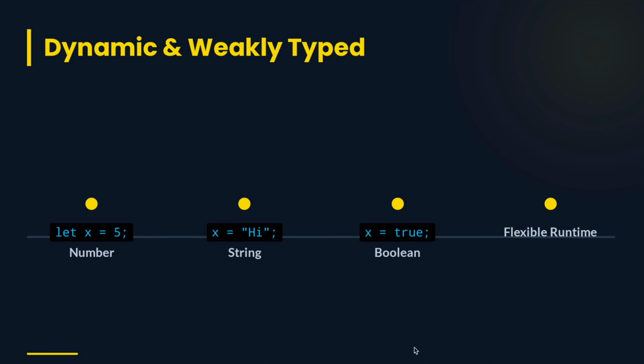If you understand these data types, you have learned one of the fundamental building blocks of JavaScript, because almost everything we do in JavaScript involves creating, storing, comparing, or manipulating values of these different types.